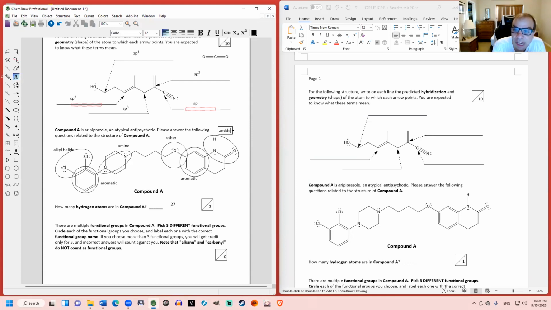Aldehydes have a hydrogen attached to the carbonyl carbon, and ketones have two alkyl groups. And I'm probably forgetting one or two. So there's lots of carbonyl-containing functional groups. So it said to label any three of those that are different.